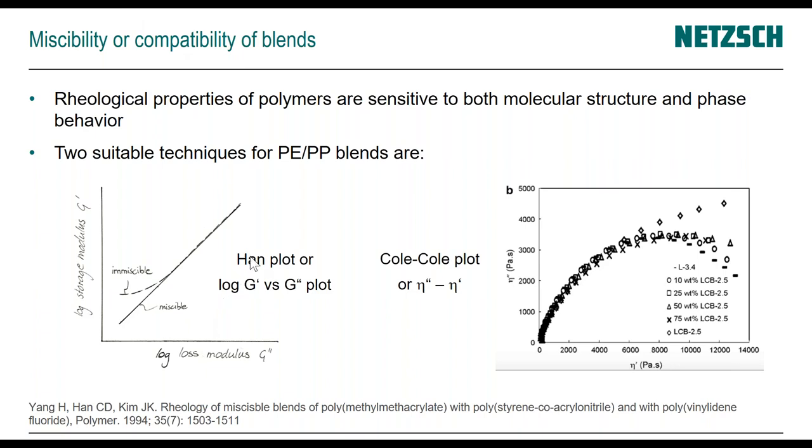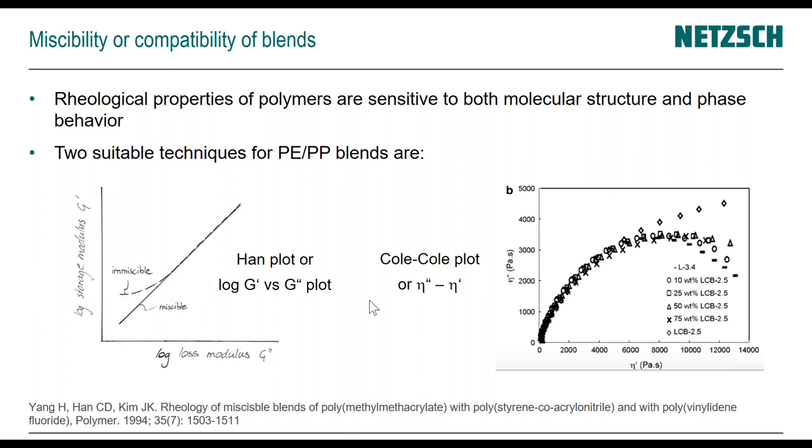On the left is what we call the Hahn plot, by Professor Hahn, where we have the logarithmic storage modulus as a function of the logarithmic loss modulus. If we have just a virgin material or a miscible blend, then the relationship is a straight line. If we have a blend that is immiscible, we see a deviation from that straight line.